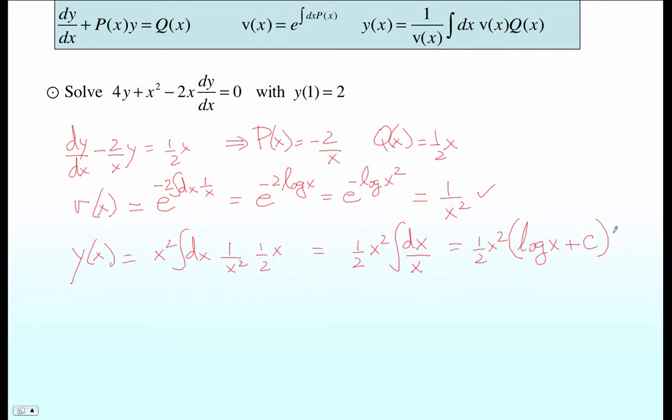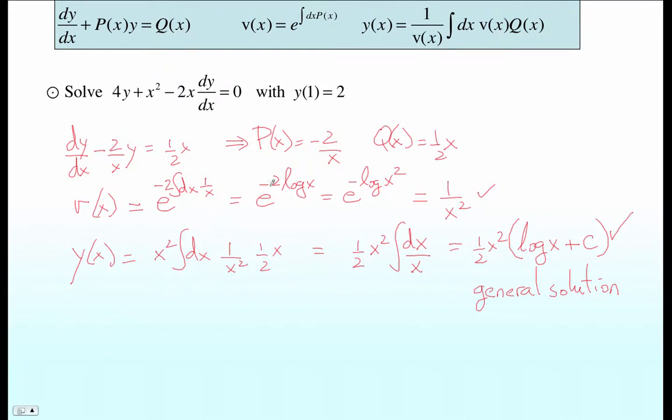Now this here is called the general solution of this differential equation, which means that the constant c is not determined. It could be anything, positive, negative, or whatever.